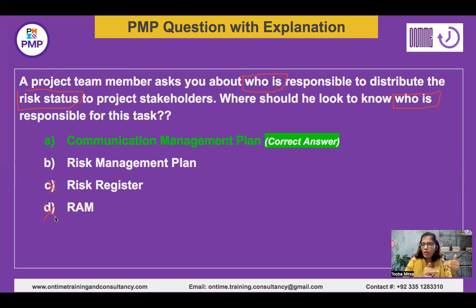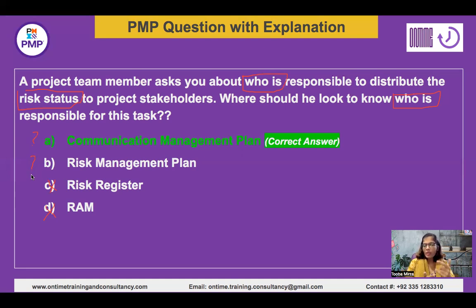So it's more about the responsibility assignment at the scope or task level, and it's not at all about the responsibility at the risk level. So it's definitely not a choice. And whenever it's about the roles and responsibilities, like I said before, it's usually about the plan. So it was either between A or B.